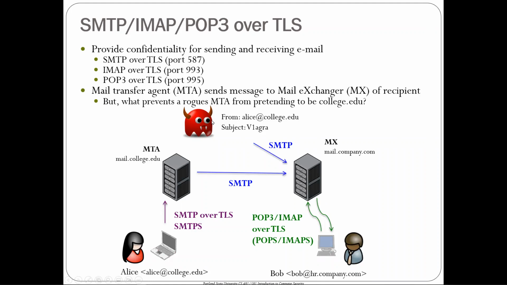So you have an adversary here that's like, hey, Alice's friend network, I want to sell you Viagra, and make sure it comes from Alice, because you are much more likely to buy it if it came from someone you know. So how do we prevent that? That's very insidious, right? You don't want that to happen on your own email address. And you get this often, right? Like, oh, I didn't send that message. It's doing something I would have never asked you to do, but somebody is sending it as me.